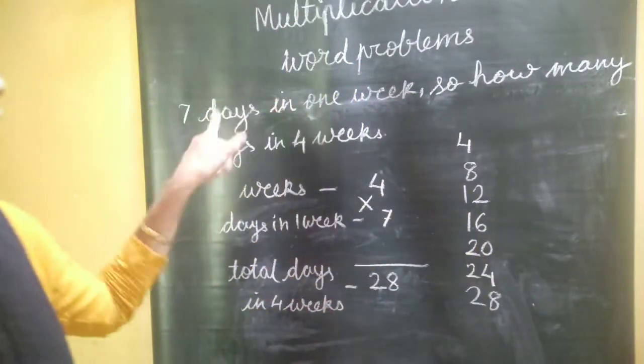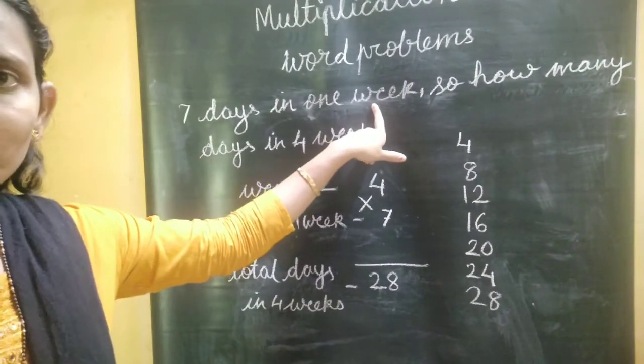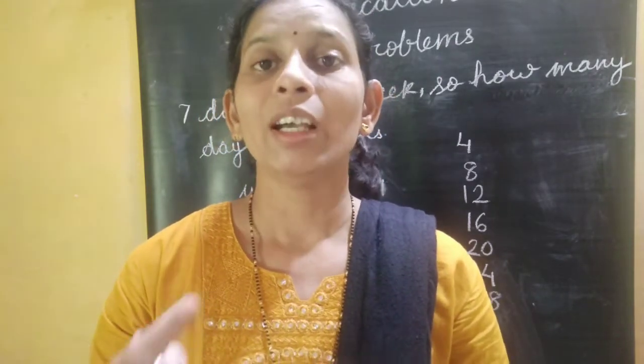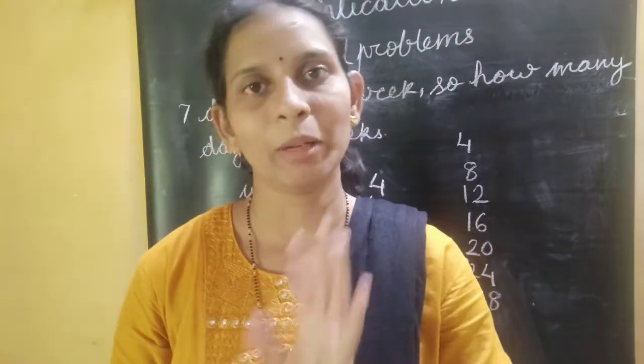Just see here, days in 1 week are given, correct? In the previous example, the cost of one pen was given. So student, when the cost or days of any one thing is given and you have to find the value of many things, that time you have to do multiplication.